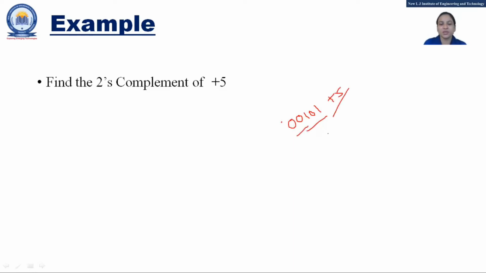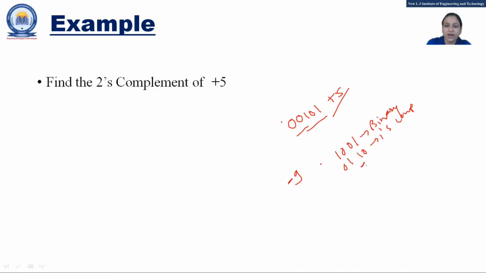Positive numbers are not affected, whether it is the sign magnitude method, 1's complement method, or 2's complement. Now if I want to represent minus 9 using 2's complement, what I'll do? 1001, that is the binary equivalent of 9. Now I have to find the 1's complement of this 9, that is 0, 1, 1, 0.